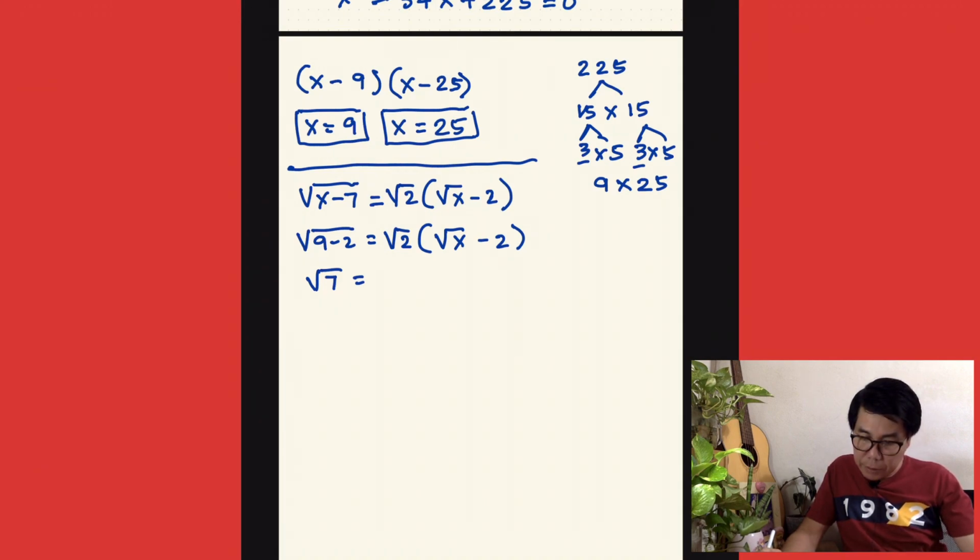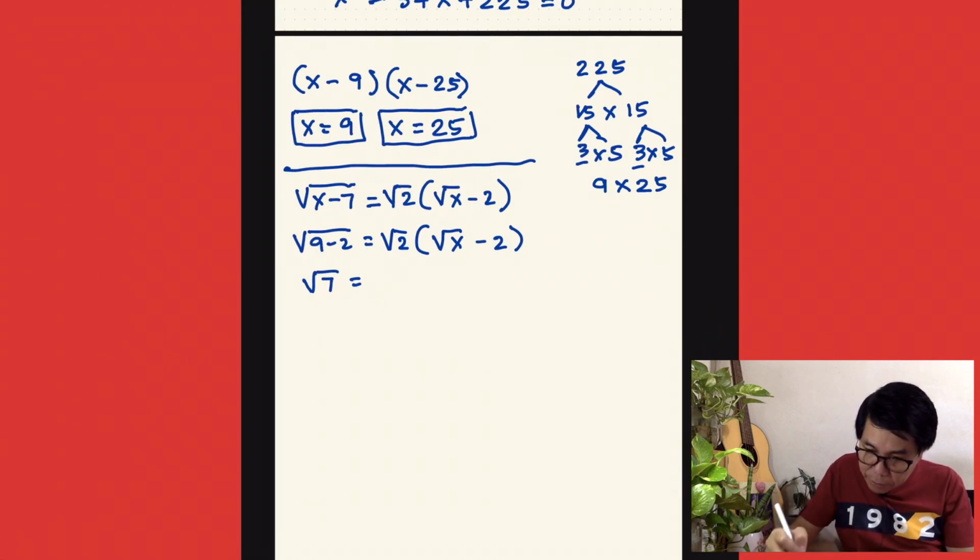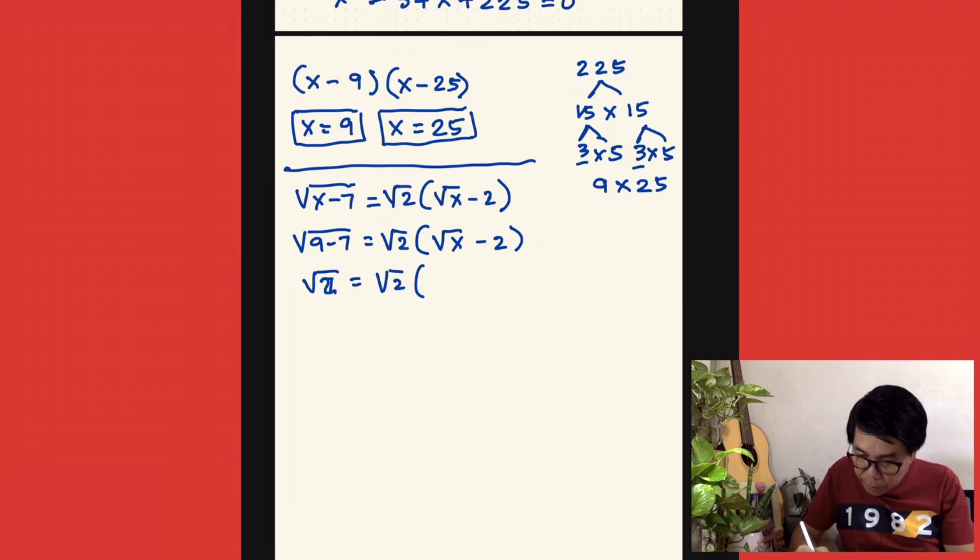It's not 2, this is 7. So 9 minus 7 becomes 2, so we have square root of 2 equals square root of 2 times square root of 9 minus 2. Square root of 9 is 3, minus 2.